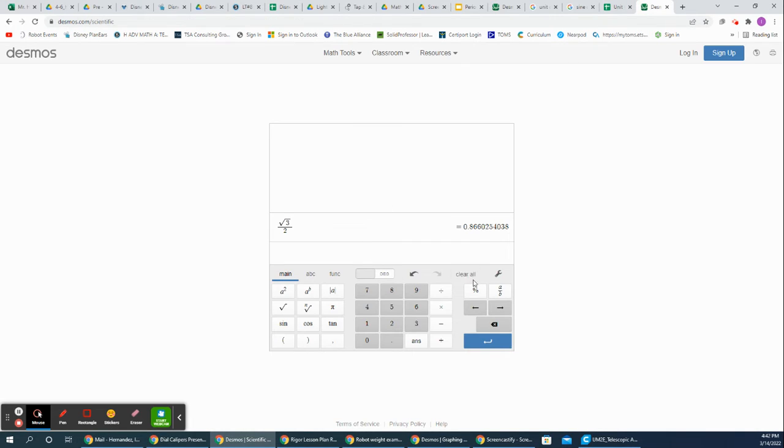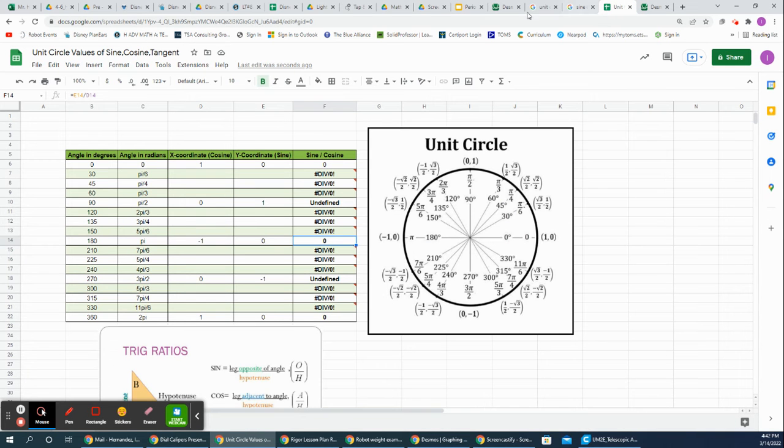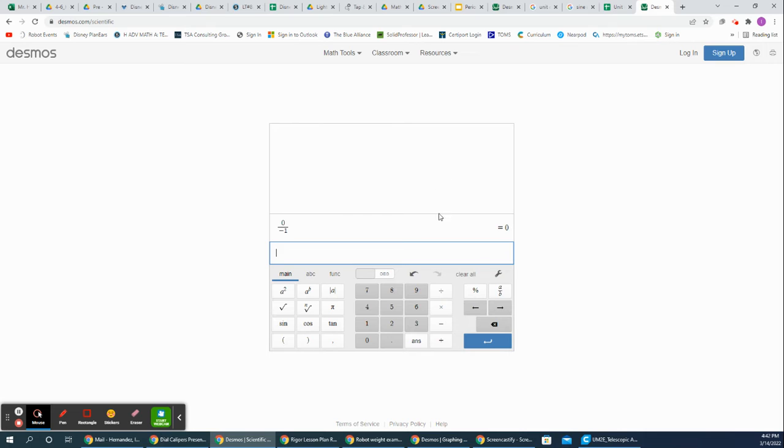So let's go here. 0 divided by negative 1, enter. Look, you get 0. But just like I said, try doing 1 divided by 0. So let me clear all. 1 divided by 0. It says right there, look, undefined.